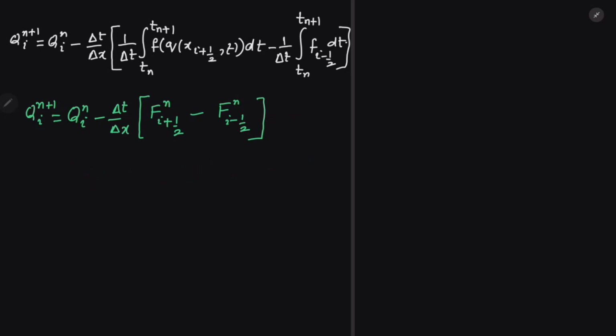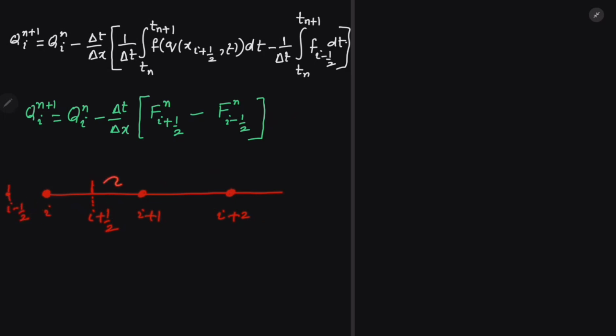Let me just reiterate that we have one cell. For example, these are the grid points. This is I plus 1, I plus 2. This one is I plus 1/2. And this one is I minus 1/2.